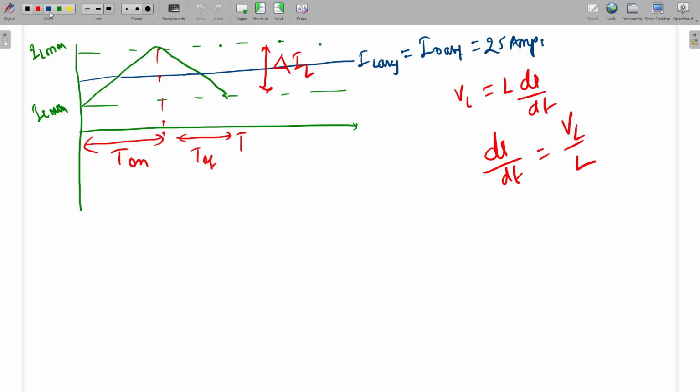From this slope we can write: di means I2 minus I1, IL max minus IL minimum, which we are calling delta IL. So delta IL is Y2 minus Y1, and X2 minus X1 is T on. So delta IL by T on is equal to VL by L, where VL is Vs minus V naught. Is this equation clear to all? Otherwise, I will explain again.